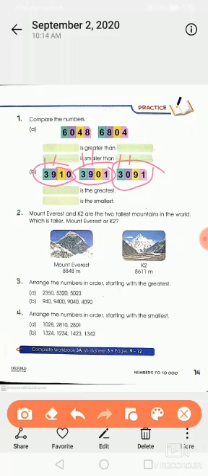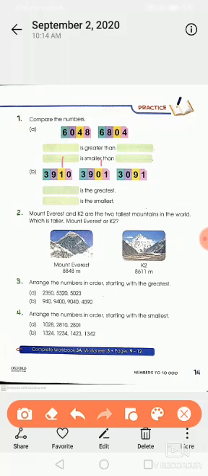So we compare the first two numbers to find which one is greatest, because it is clear that this one is the smallest. Now we compare the tens place. In the first one there is 1 ten, and in the second there are 0 tens.